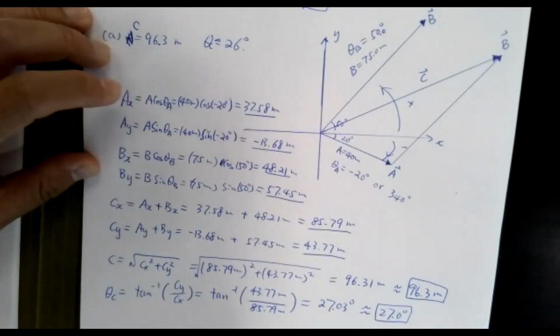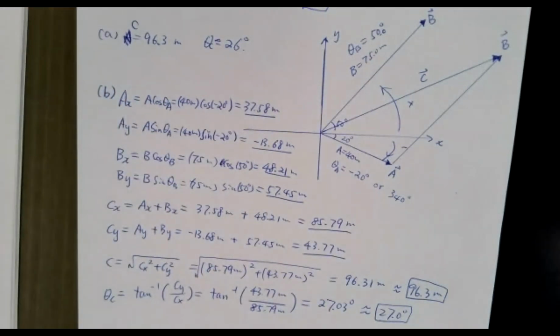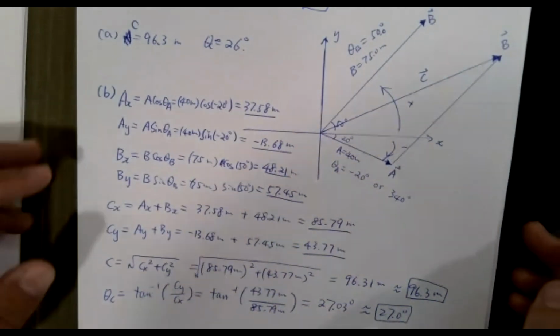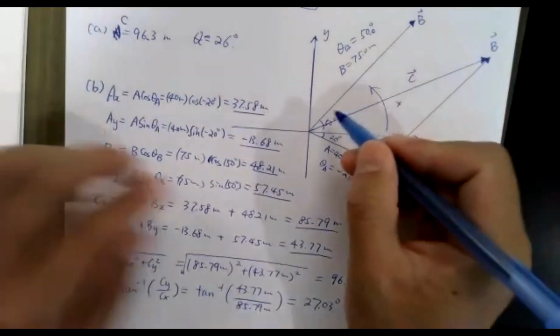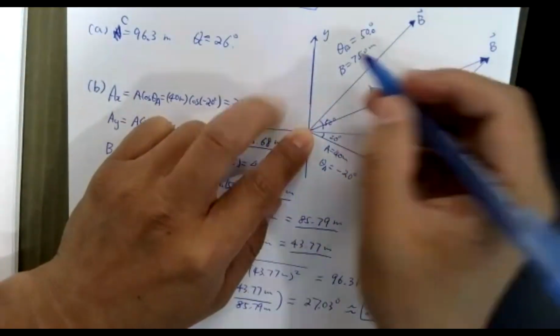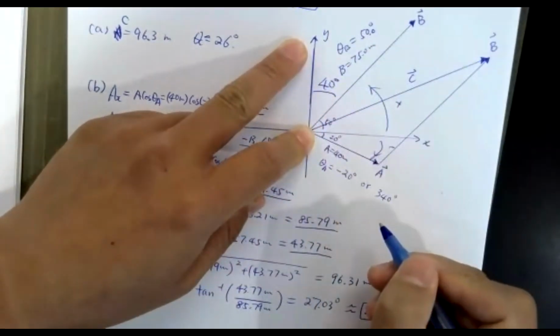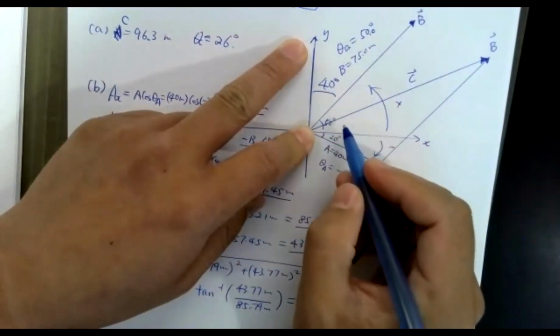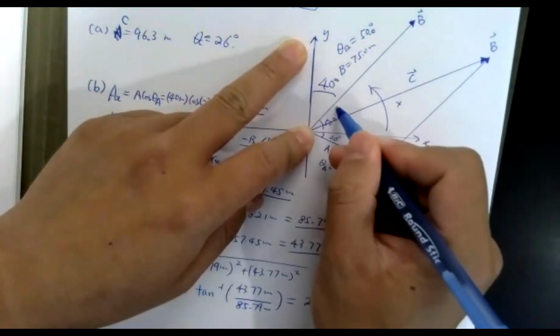Many times, when the angle is not given with respect to positive x, you can convert the angle. So for example, say you are given a B vector, and it says the B vector makes an angle with y of 40 degrees. Then its directional angle would be 90 minus 40, which is 50.